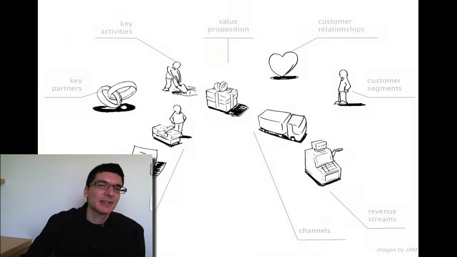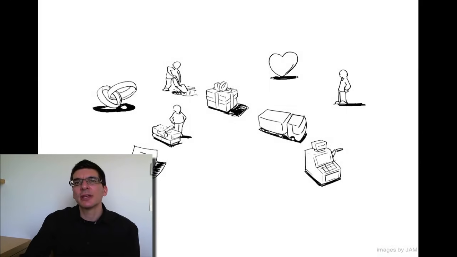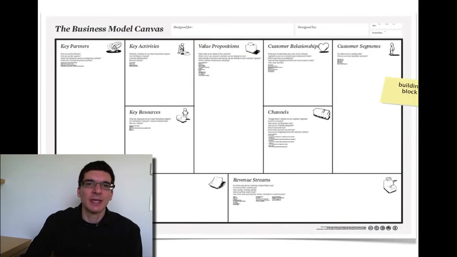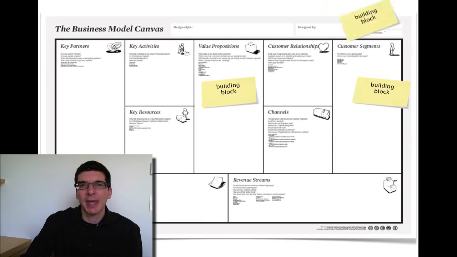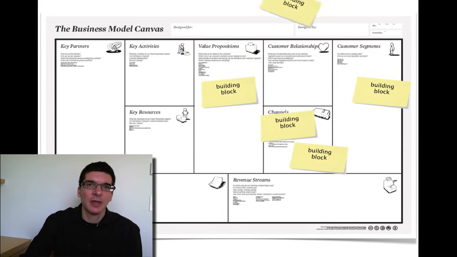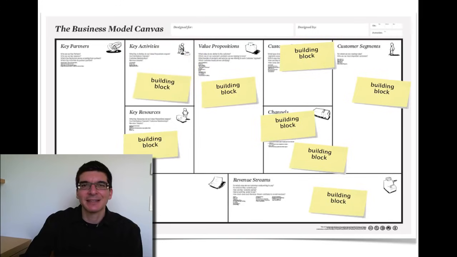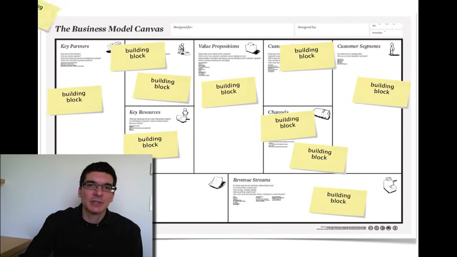Now, that's just a concept. Let's turn it into a real tool that we can use in our everyday work, where it really becomes a canvas on which we can paint out our business model. And I use sticky notes, or a new tool called Strategyzer, to map out business models. That's very powerful because you will make it tangible. Ask yourself, what are or who are the customers? Sticky note.